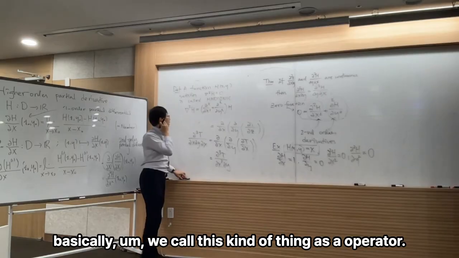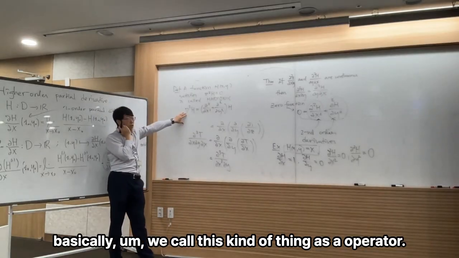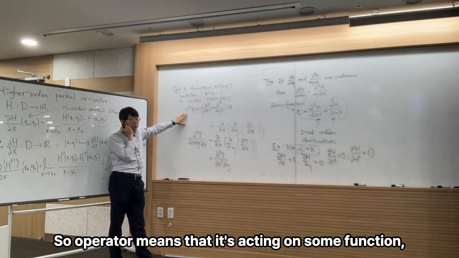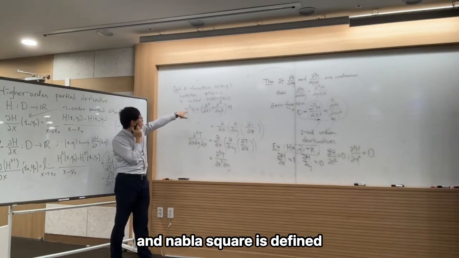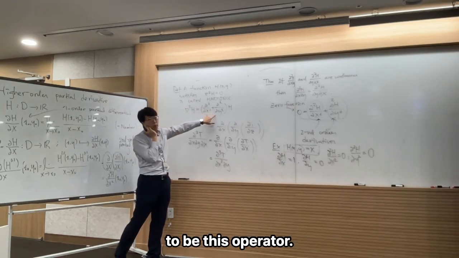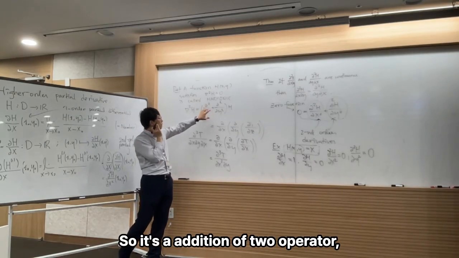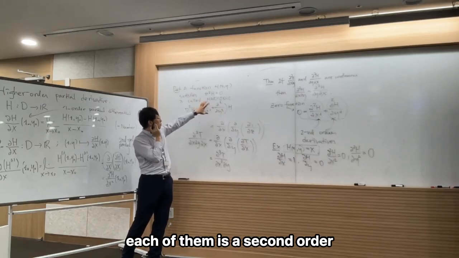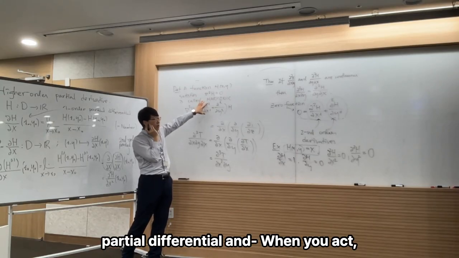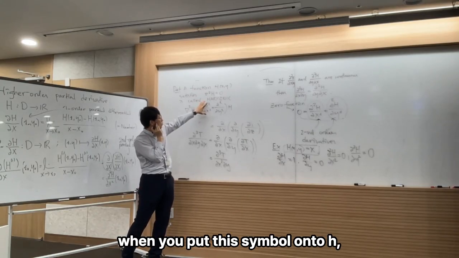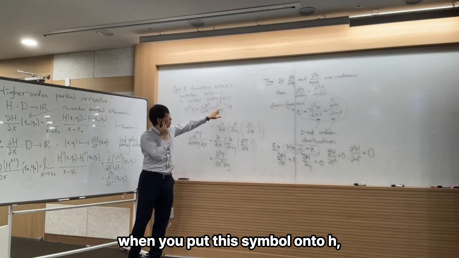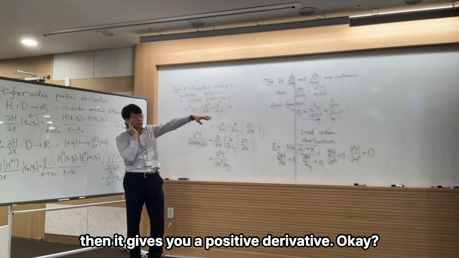So basically, we call this kind of thing an operator. Operator means that it's acting on some function. And nabla square is defined to be this operator. So it's an addition of two operators, each of them a second order partial differential. And when you put this symbol onto h, then it gives you the partial derivatives.